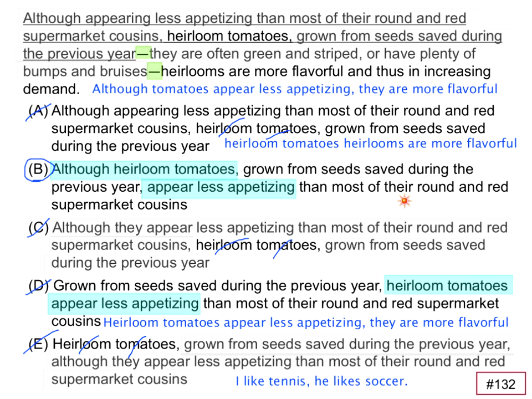Pronouns are kind of fuzzy. So I don't start with pronouns, even if I see them. There are a couple rules that I know, but I don't like pronouns. I'll go for things like sentence structure, subject-verb agreement, things that I know are hard and fast rules. You have to have a subject and a verb. You can't have two subjects run into each other. You can't have two sentences run into each other. Those things I know are harder rules, and so I'm more confident when I'm using them.